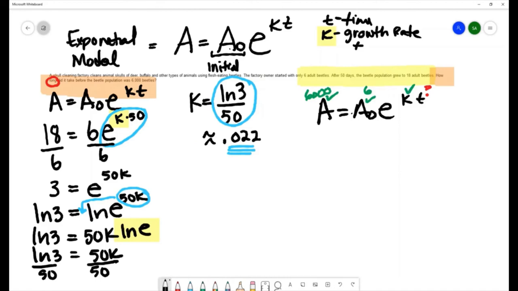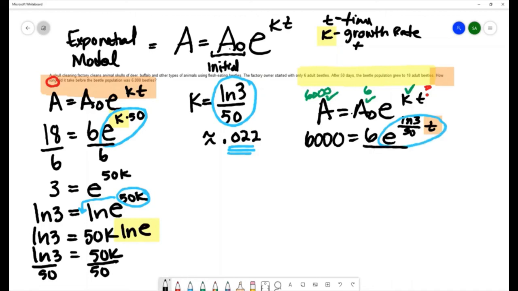So I'm going to substitute 6,000 equals 6 e to the natural log of 3 over 50 t. This is once again an exponential equation. We're trying to solve for a variable that's in the exponent. We're going to solve by isolating the exponential.